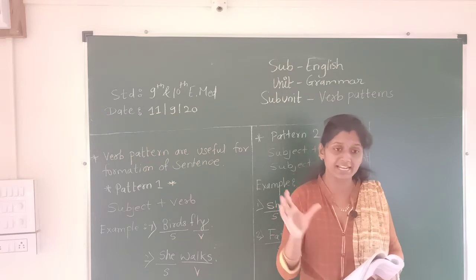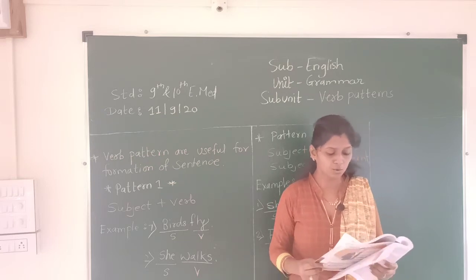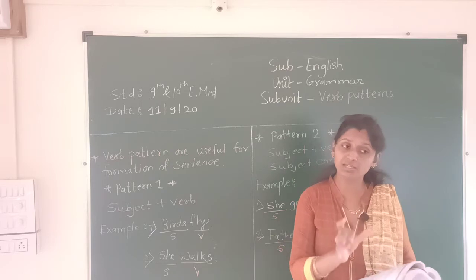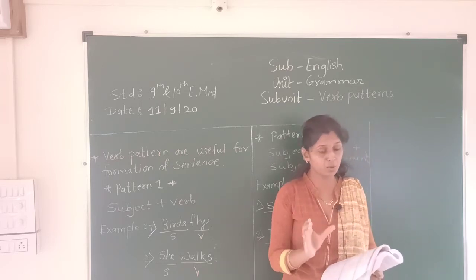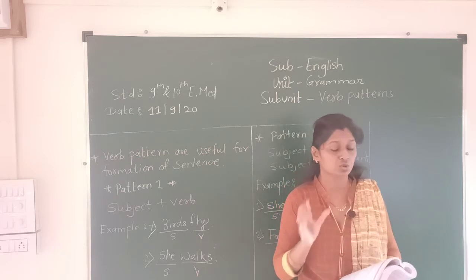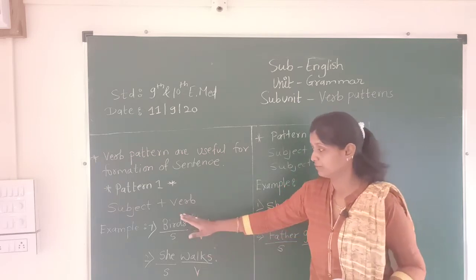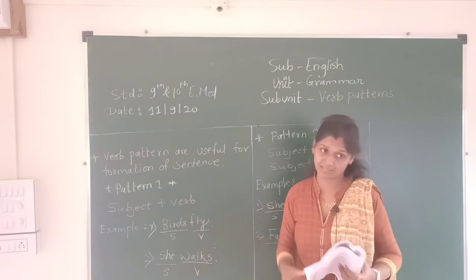Shining is the verb, and the moon is the subject. The moon is shining. So subject plus verb is the first pattern.